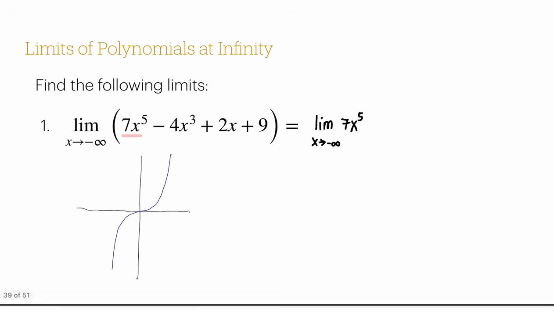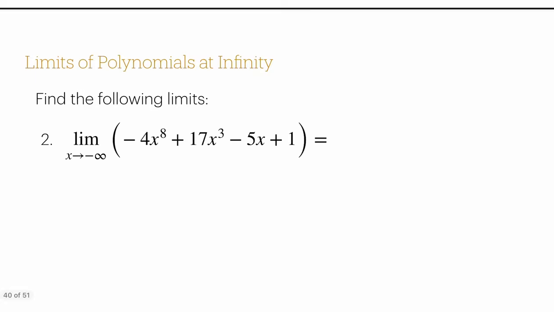When x approaches negative infinity, then y also goes to negative infinity. So our answer is negative infinity. If x was approaching positive infinity, then our limit here would be positive infinity because it is also increasing.